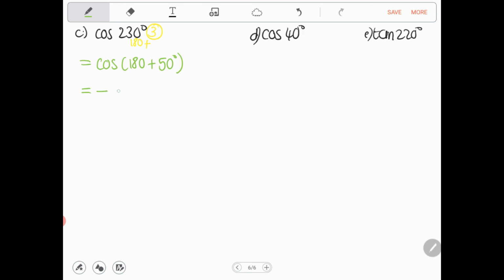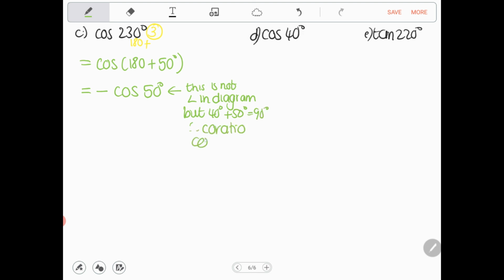Reduce it, negative cos 50. This is not the angle in your diagram. Your angle in your diagram is 40. But 40 plus 50 gives me 90, so I have to use a co-ratio. The cos of 50 is the same as the sine of 40. So I'm going to replace this with negative sine 40, which is negative y over r, which is negative k over 1, which is negative k.